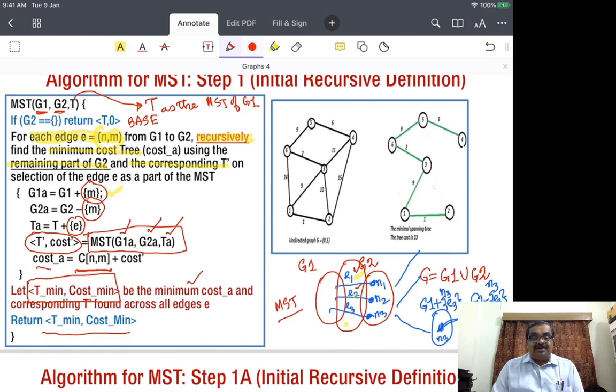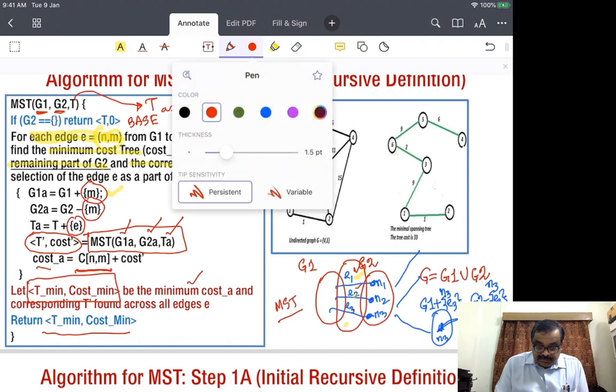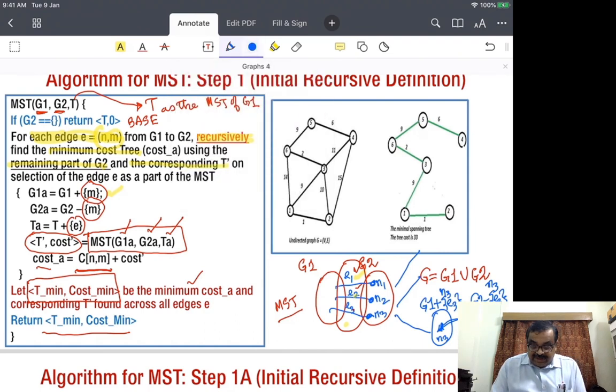And how do we start? We start with any node as one single node of G1. Let us see how it works on this example that we have. Let us say we initially start with this as G1. Then we have got two nodes, one node going out this side and one node going out this side.